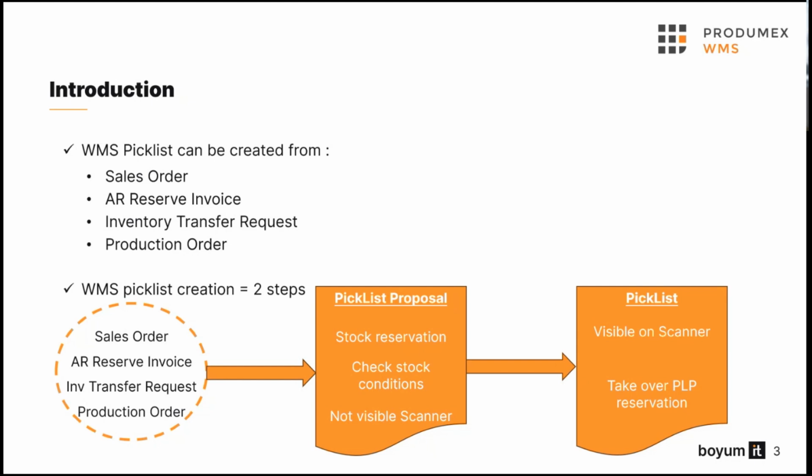That's the stage where we release the pick list in the warehouse, and it will take over all the pick list proposal reservations. So if the proposal includes a batch, then the final pick list will include the exact same batch. We copy that information and share it with the warehouse keeper.